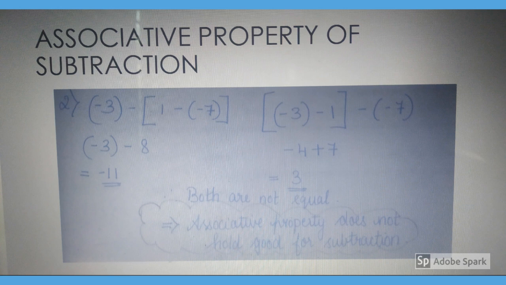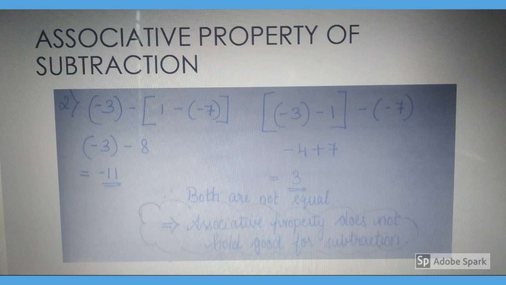If -3 minus 1 is bracketed, there will be minus minus 7, and the answer will be -4 plus 7, which is equal to 3. So the answer is not equal. When 1 minus minus 7 is bracketed and when -3 minus 1 is bracketed, the answer is not equal. So therefore both are not equal.